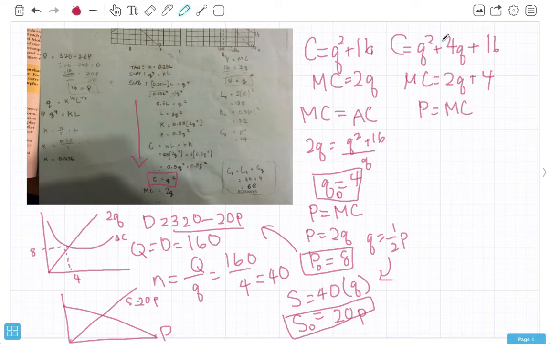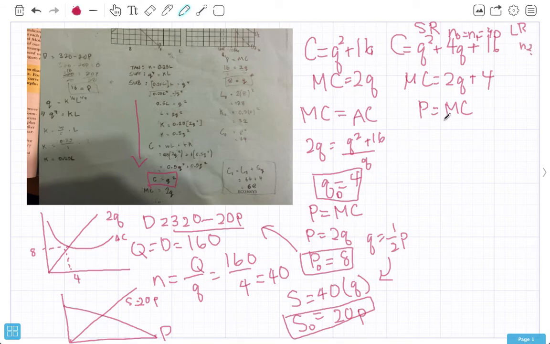Now, when you're doing this, you have to divide your analysis into your short run equilibrium and your long run equilibrium. The difference here is that in the short run, n stays the same. So n0 equals n1, which is 40 here. Whereas in the long run, n would change.